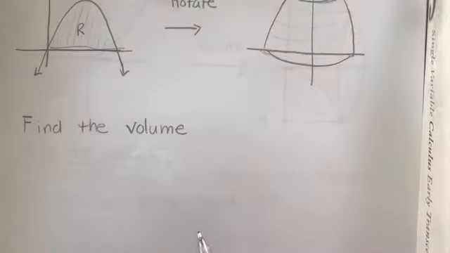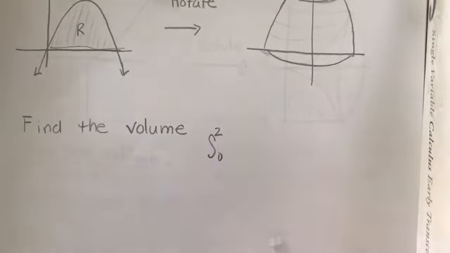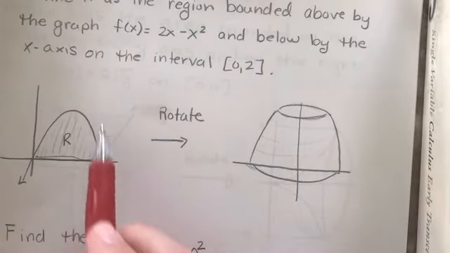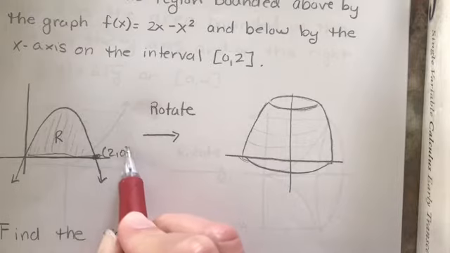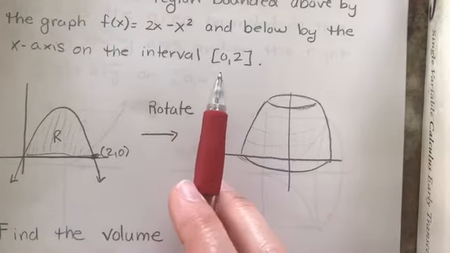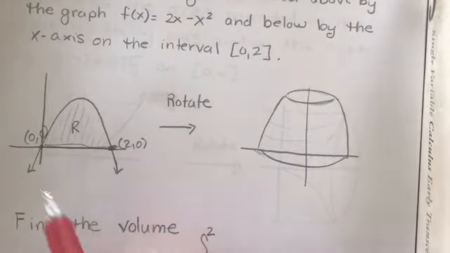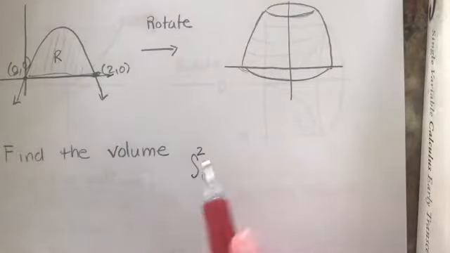All right, so let's go ahead and find the volume. So we're going to go from 0 to 2. They tell us that there. We also could know, because if you just evaluate this parabola, this point right here is 2, 0. So they don't really have to even tell you that we're going from 0, 0 to 2, 0. That's why it's from 0 to 2.